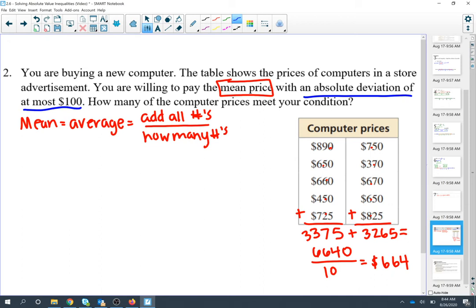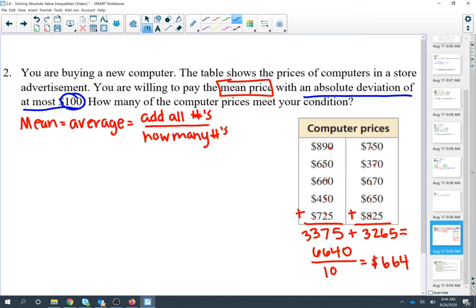So what that's saying is you're willing to pay $664 and then either more than that by $100, or less than that by $100. That's what we're talking about when we're talking about absolute deviation. It's kind of like a range of values. I've heard the word tolerance used. What's your tolerance? How much can you go above your value? How much can you go below your value?